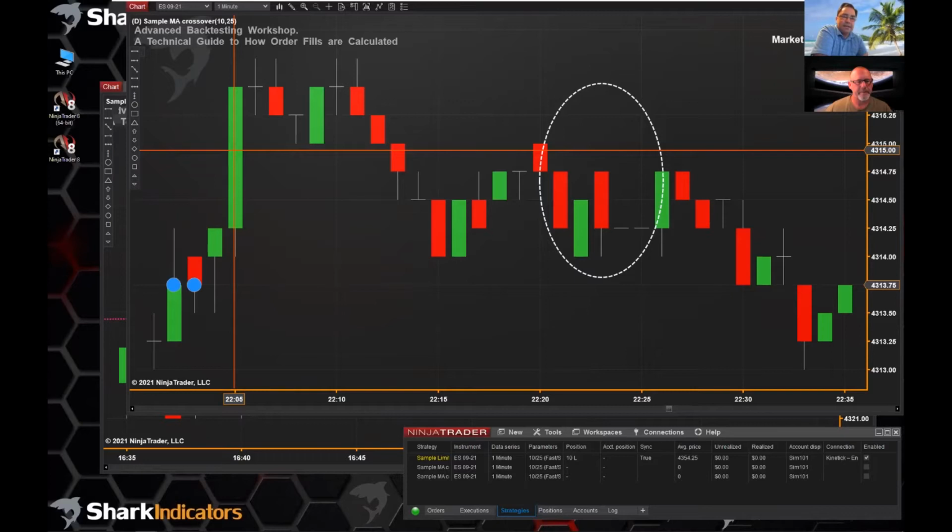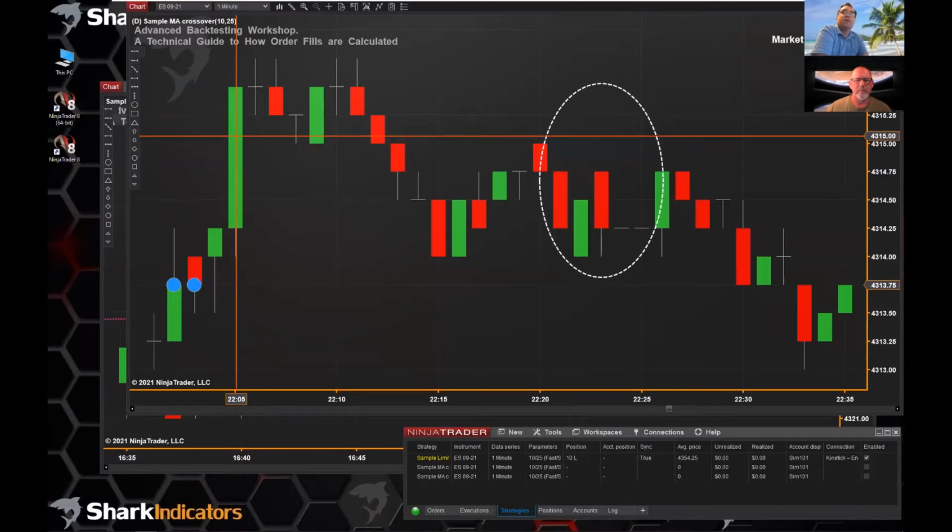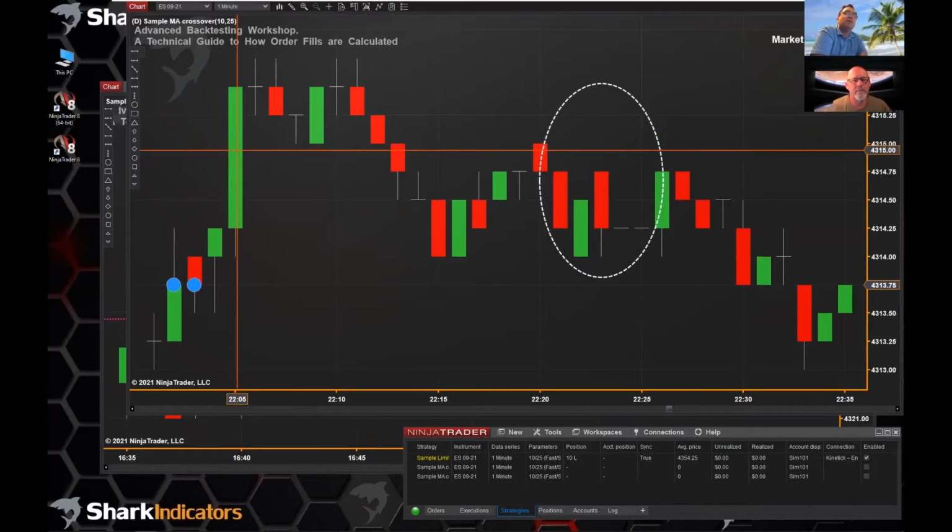All right. So I'm going to say, technically speaking, if you're a good programmer, you can write a custom strategy that is able to backtest. It can get close to backtesting as if it was running live, with the calculate set to on each tick.